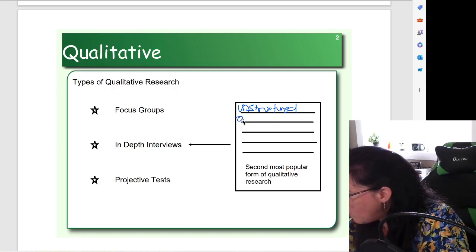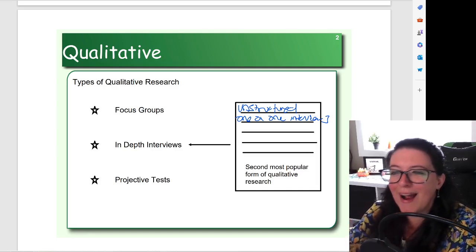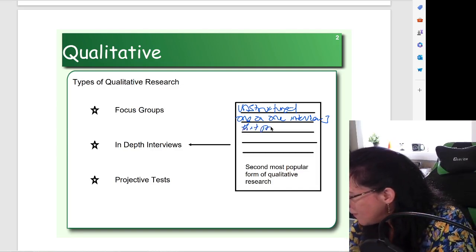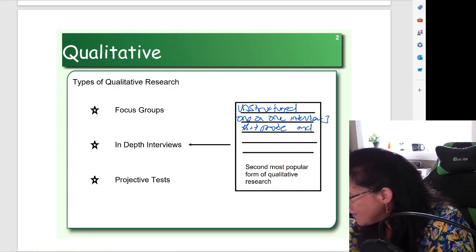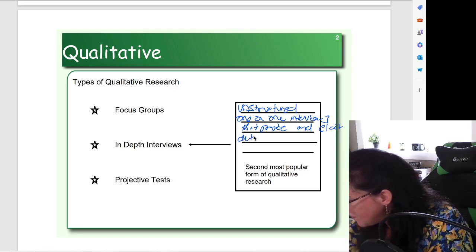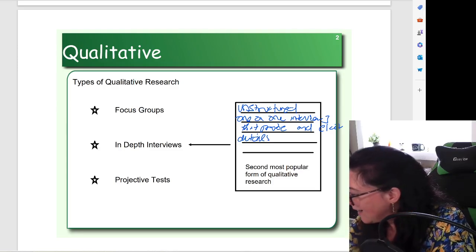And here we're doing one-on-one interviews. So we're having these one-on-one conversations that probe and elicit detailed answers.